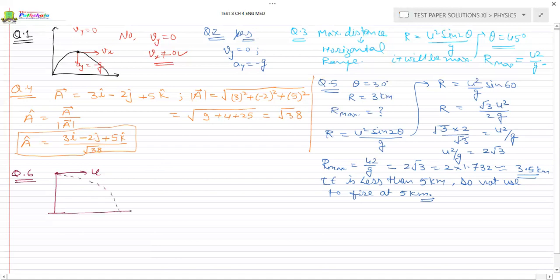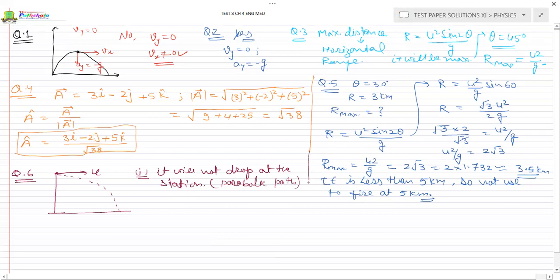So what will be your answer? That it will not drop at the station. Why will it not drop? Because it follows a parabolic path.